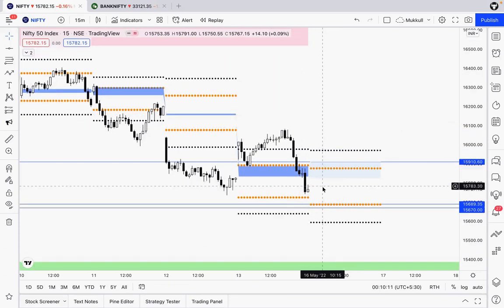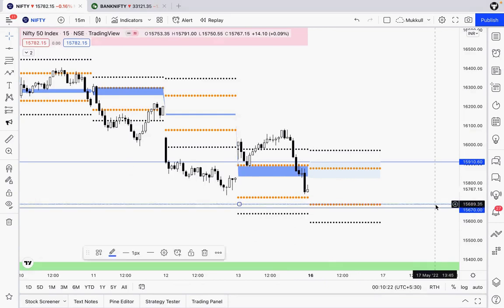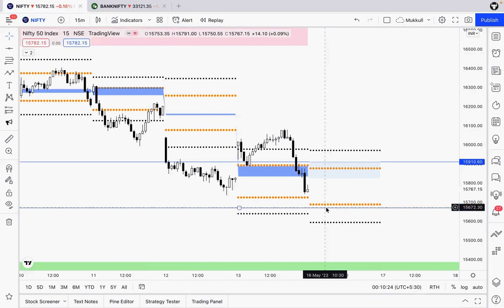Everything will depend upon the opening trend. Like let's say if you're opening at a massive gap down, that is breaking or directly opening below 15,670, what can happen? We know that we have a particular level at L4, that is 15,590.